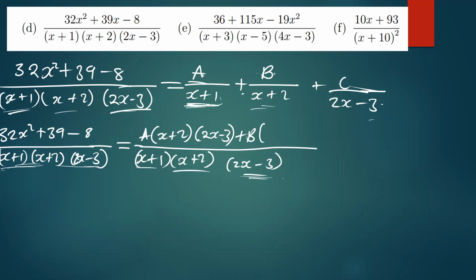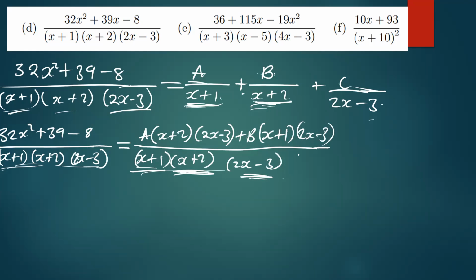So after opening the brackets, you say this expression into this whole expression means that you are canceling this and that, and you're remaining with what? This part and that part. So what you're remaining with is what you multiply with B. So you have x plus 1 and 2x minus 3.